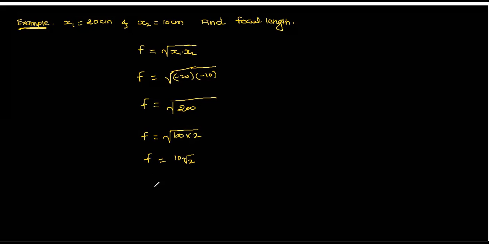Again, if this is a concave mirror, you will obviously get the focal length as minus 10 root 2. You can do this, it is just an example, you try to understand. You can do as many as you wish. This is just a small example I have told you of how to solve using Newton's formula. Okay, so let's stop here for today.